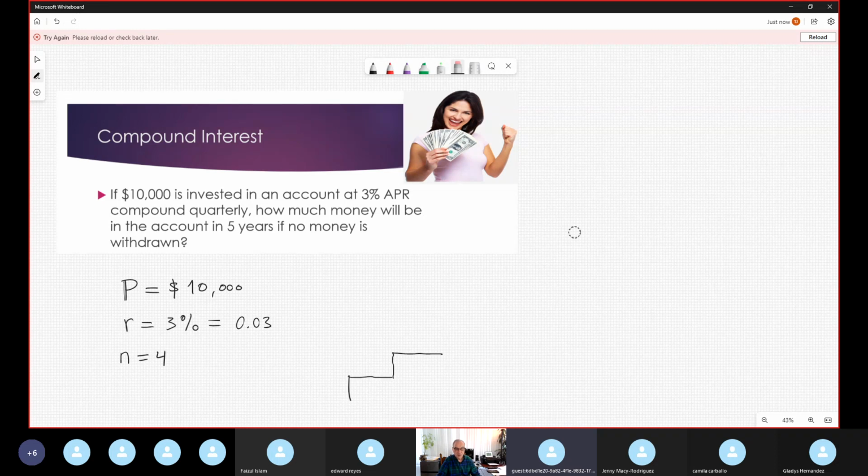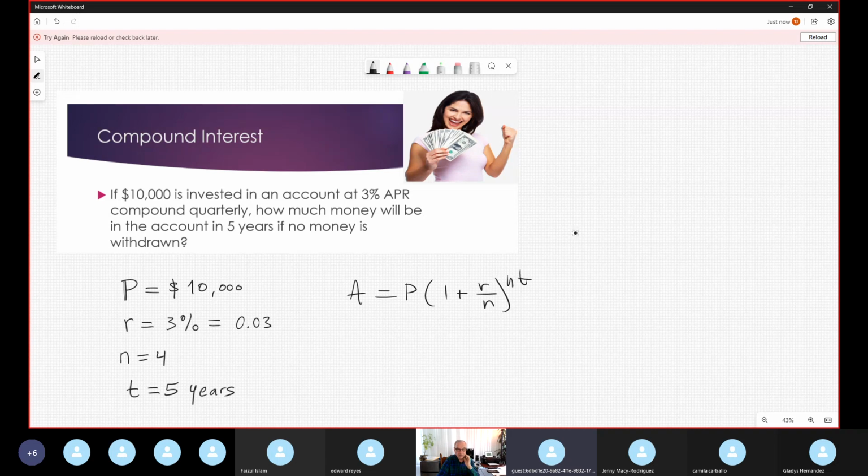And they want to know how much money will be in the account in 5 years. So time is 5. In finance, time is always expressed in years. My formula is A equals P times (1 plus r over n) raised to the nt.